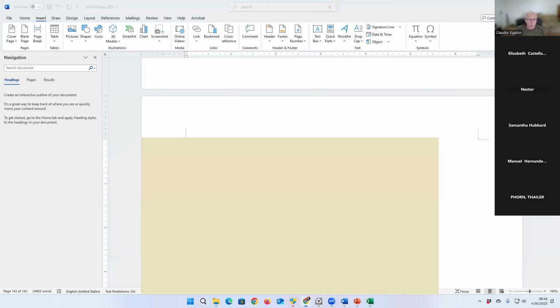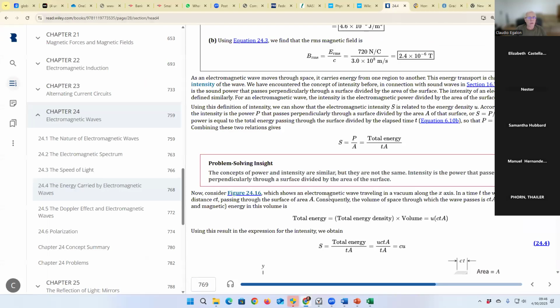Going back here to your book, it has a very nice, simple way of definition. The intensity is the power that passes through a surface divided by the area, and the area that we're talking about is an area perpendicular to the direction of propagation of the electromagnetic wave, okay?